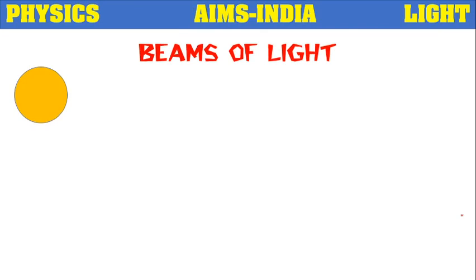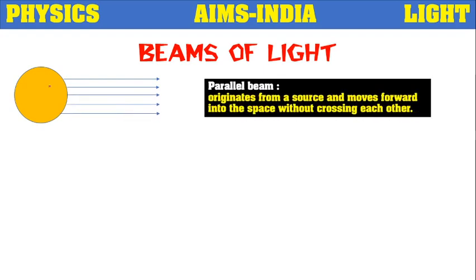Now let's know their definitions. Suppose I have a light source here. From this light source, all the rays are coming. They all originate from the same source and move forward into space without crossing each other. This kind of collection of rays is considered a parallel beam.